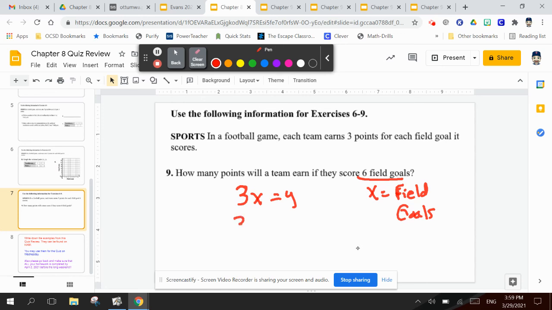So I would have 3 times 6 equals y. 3 times 6 is 18 equals y, and that would be 18 points equals y.